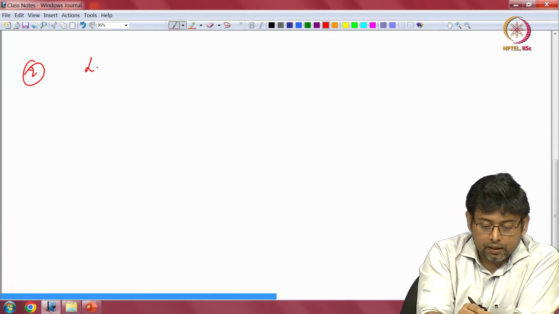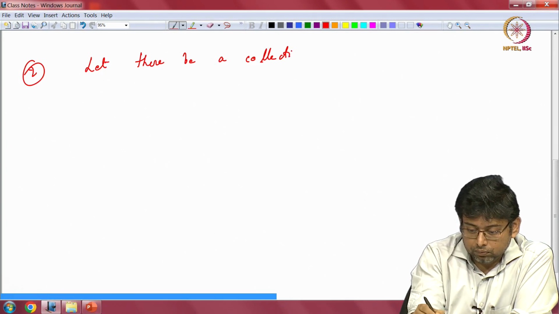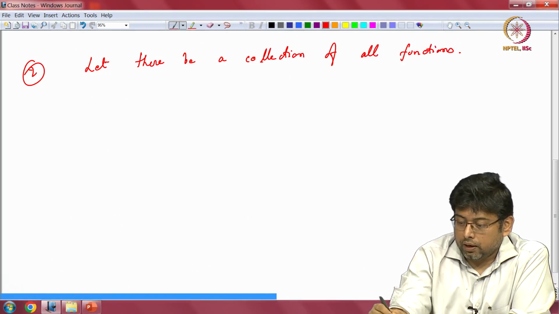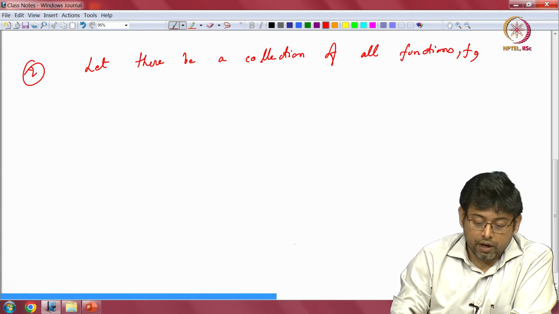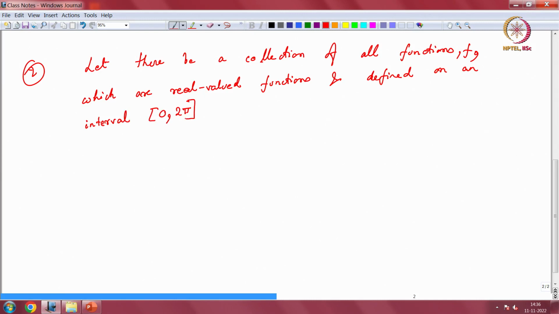So let there be a collection of all functions, let's say f, which are real valued functions, and defined on a closed interval, 0 to 2 pi, and are continuous.